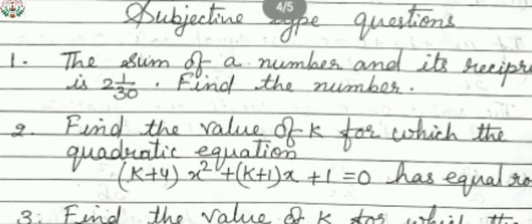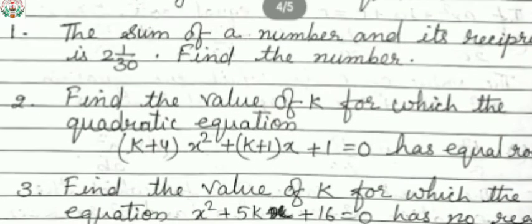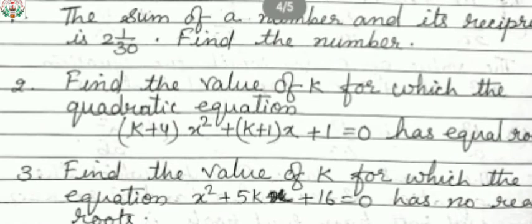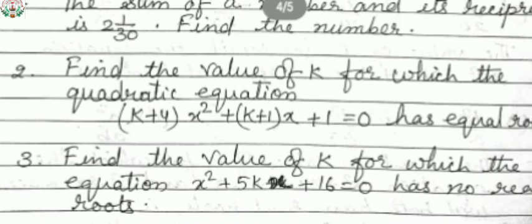Now the second question is: find the value of k for which the quadratic equation (k plus 4)x square plus (k plus 1)x plus 1 equals to 0 has real roots. Again a quadratic equation is given, where you have to find the value of the constant k. So a equals k plus 4, b equals k plus 1, and c is 1.